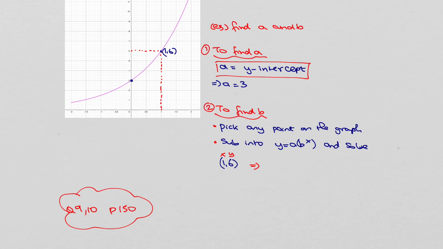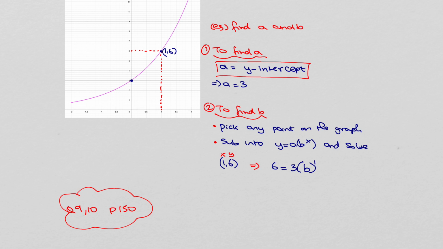If I pick a point 1, 6 on my graph here, I go out to 1, I go up and I go across, I see that my x value is 1 and my y value is 6. If I sub it into y equals a times b to the x, y is 6, a we have solved to be 3, b we're looking for, and x is 1.